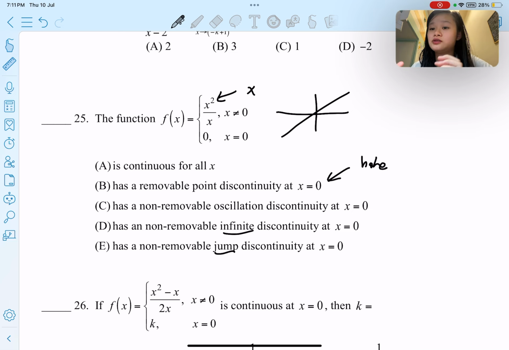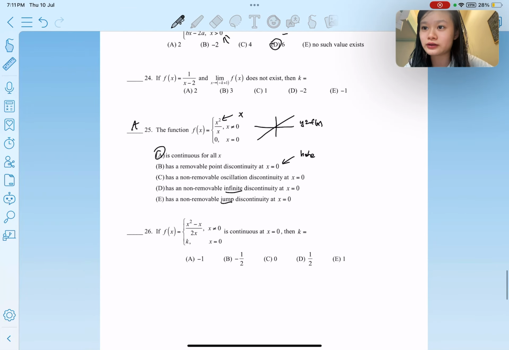So if it says non-removable, there's something that stops it that is not a hole. I think it should be right, but I think it's just all continuous, because the graph y equals f of x should be correct. Okay, that's it.